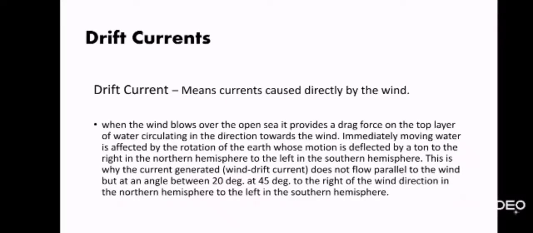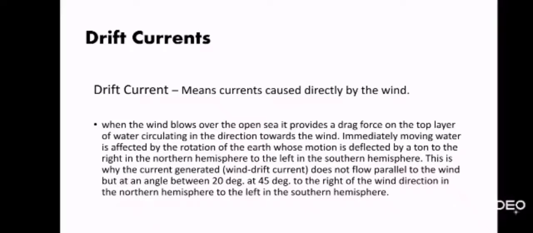When the wind blows over the open sea, it provides a drag force on the top layer of the water, circulating in the direction towards the wind. Immediately moving water is affected by the rotation of the earth, whose motion is deflected to the right in the northern hemisphere, to the left in the southern hemisphere.